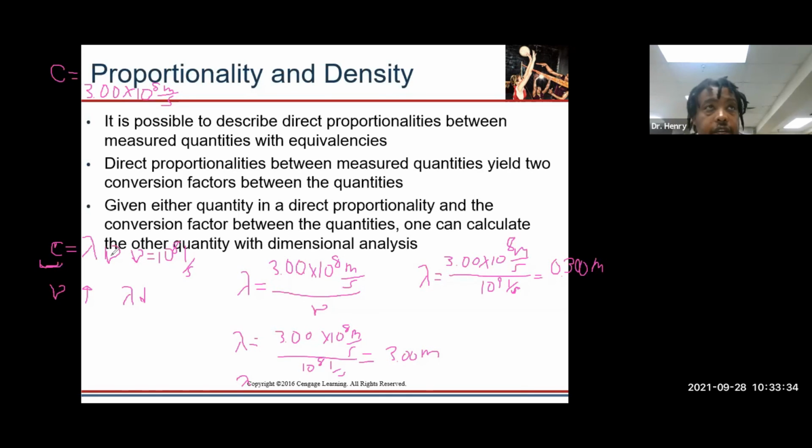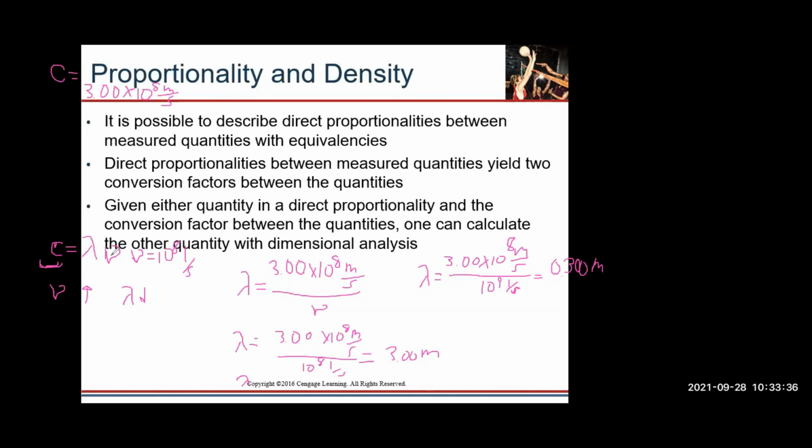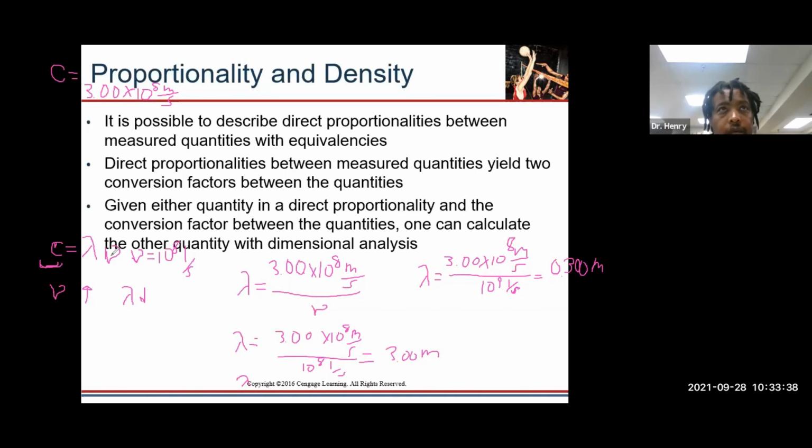So as the frequency increases, the wavelength decreases. And that was different than the energy, because we knew that the energy increased as frequency increases.